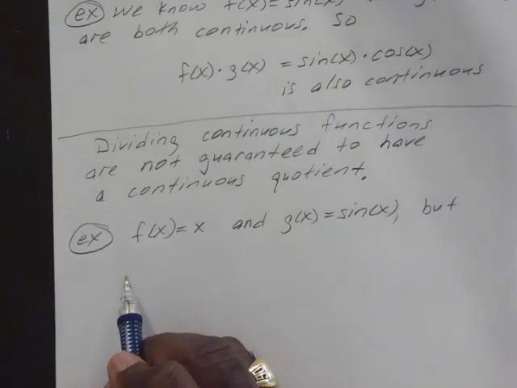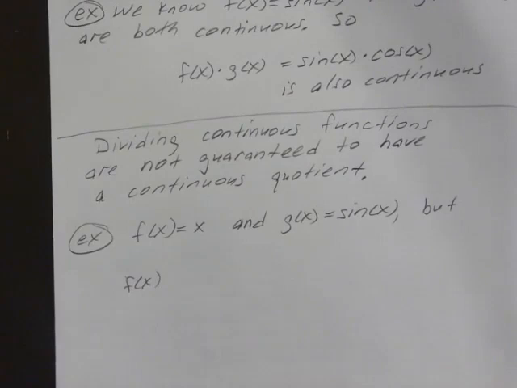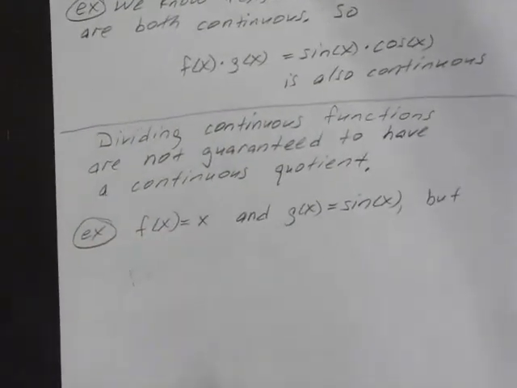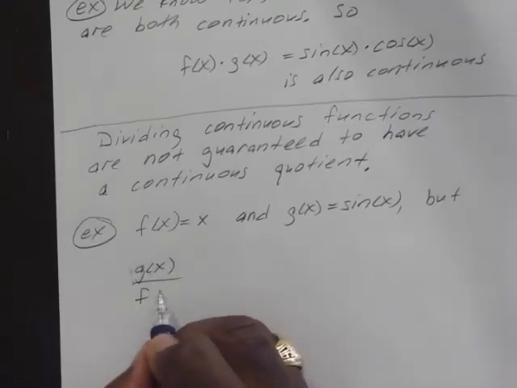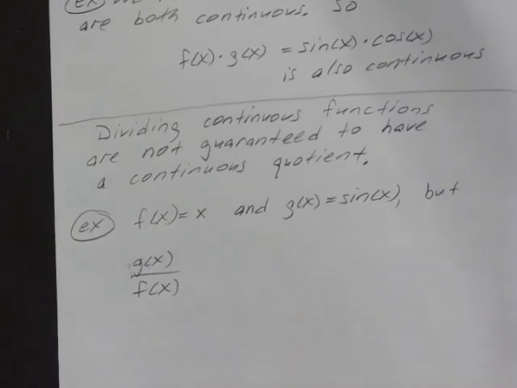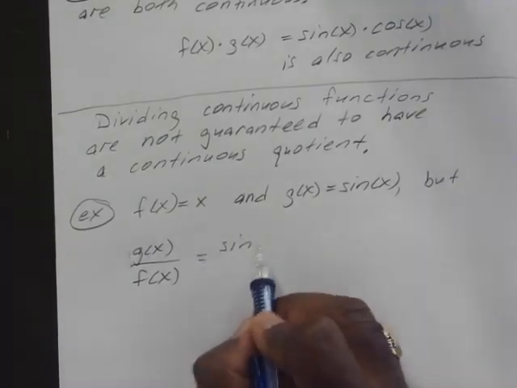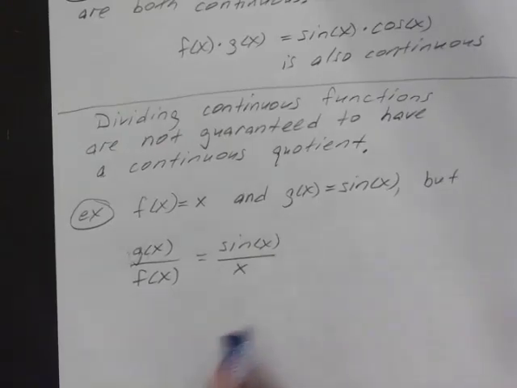But we know if we take, I'll say g of x divided by f of x, even though we'll do the same for f of x divided by g of x, it would be sine of x divided by x, which is not continuous at x equals 0.